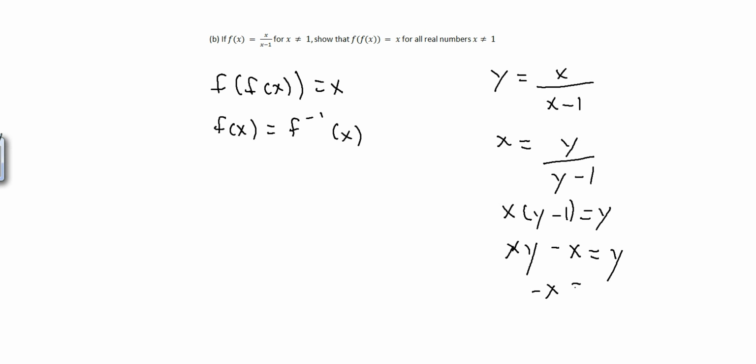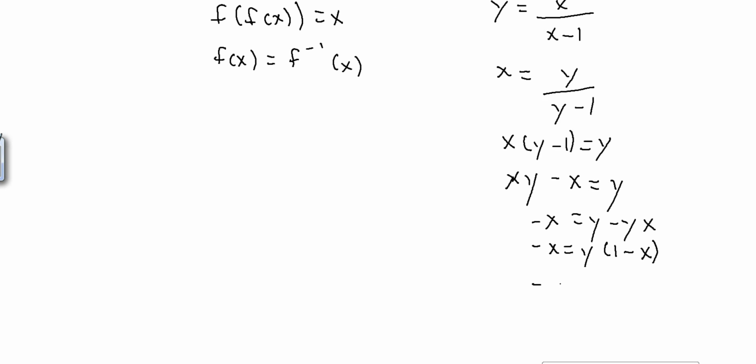So negative x equals y minus yx. I'm going to factor out the y from the right-hand side. And then I'm going to divide both sides by 1 minus x.